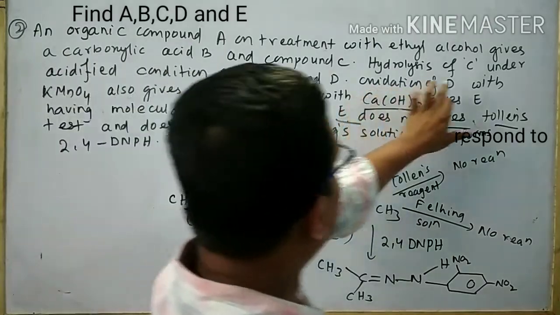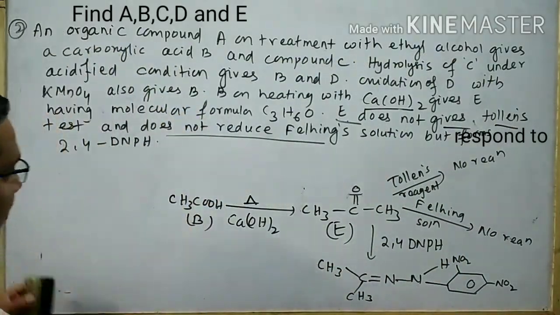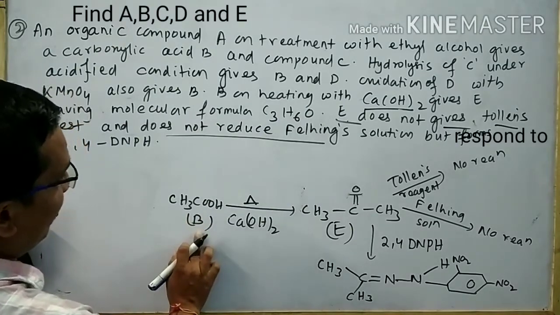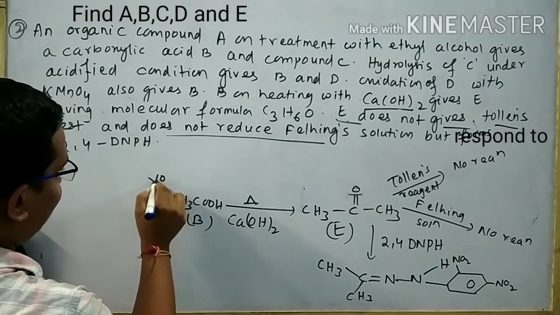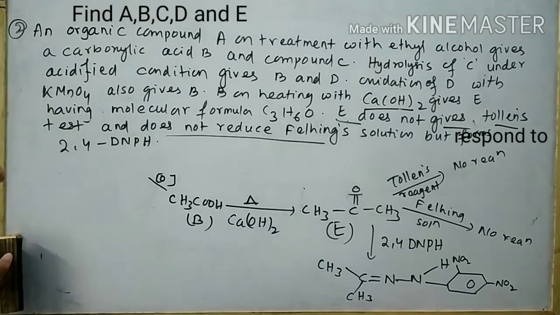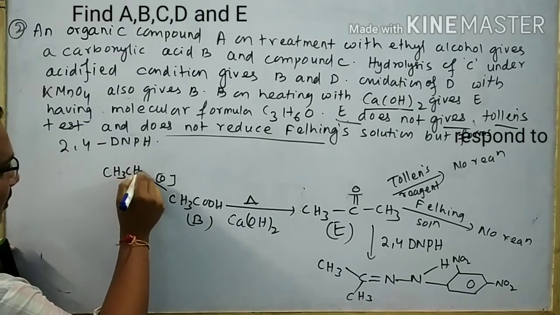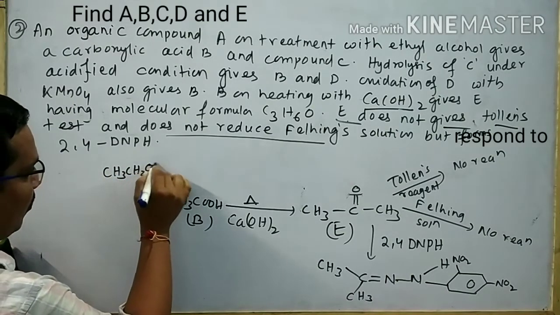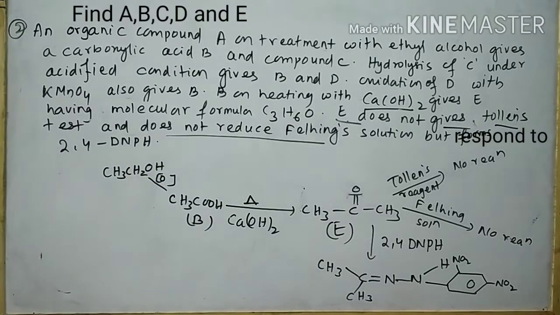Again, oxidation of D with KMnO4 also gives B. That means B can be formed by oxidation of D, and this is CH3CH2OH.